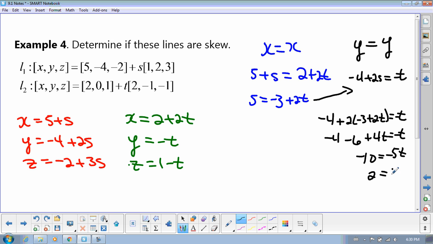So 2 is equal to t. So then I'm going to plug that back in. So s is negative 3, plus 2 multiplied by 2. So s is going to end up being 1.